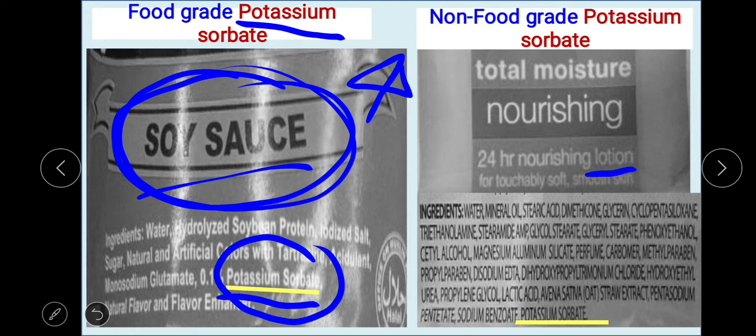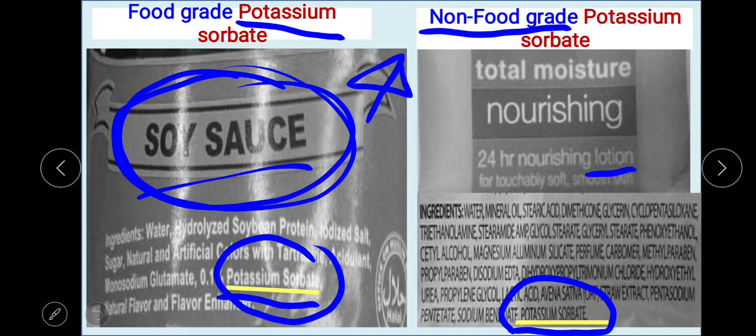And because lotion is not good to eat, no? You know that lotion is not for food purposes, right? We cannot eat lotion. Again, we cannot eat lotion. And because we cannot eat lotion, the potassium sorbate in the ingredients here is non-food grade, no?